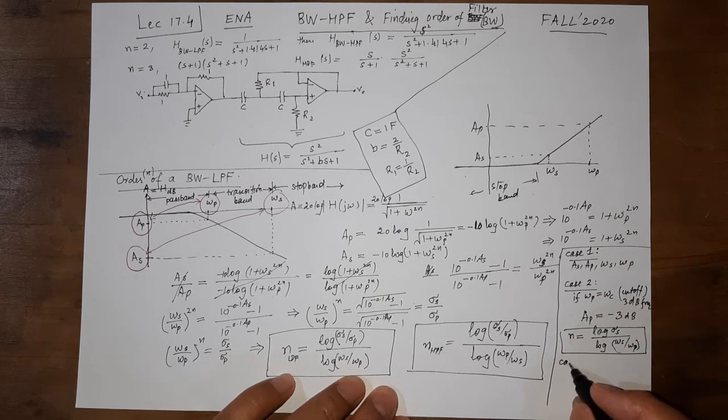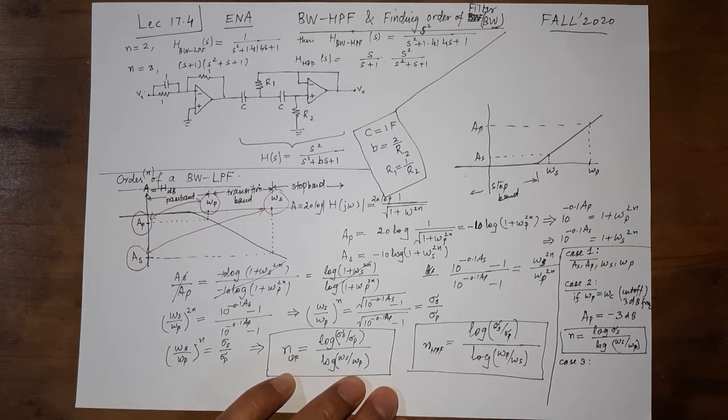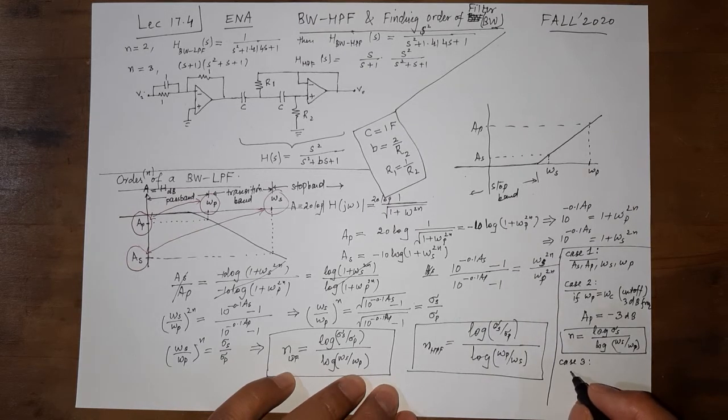And then there is the third case. The third case says that if 10 raised to the power of minus 0.1 As is much greater than 1. So if this is true, what's going to happen?